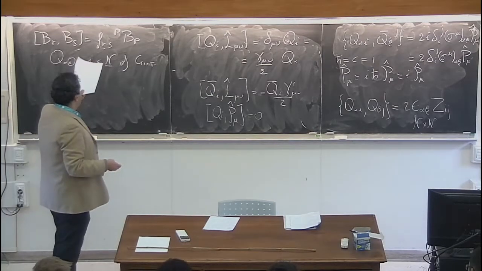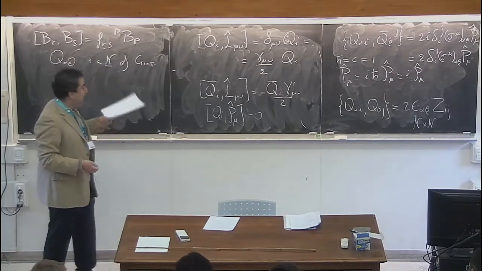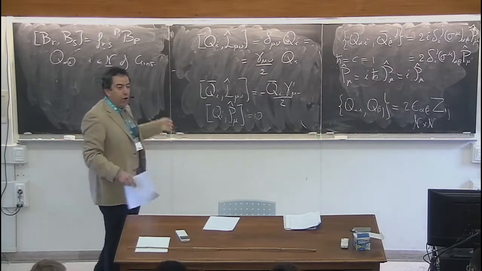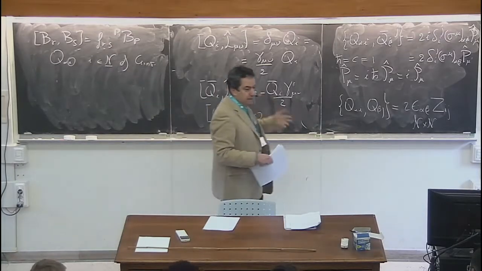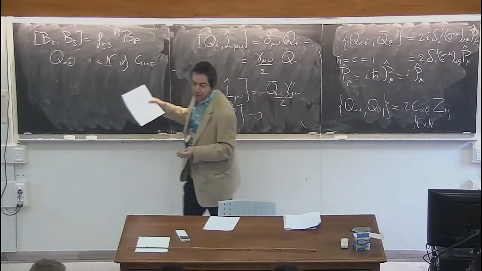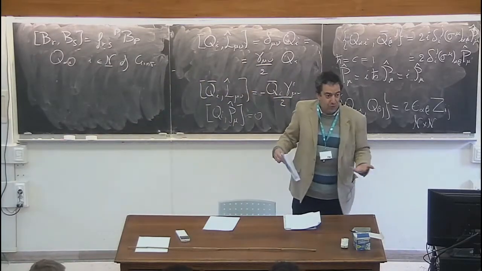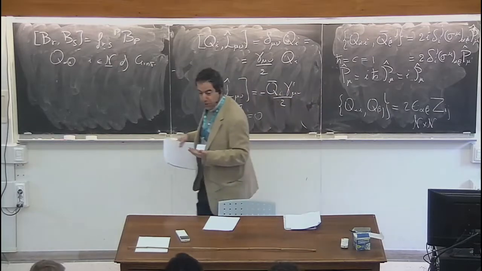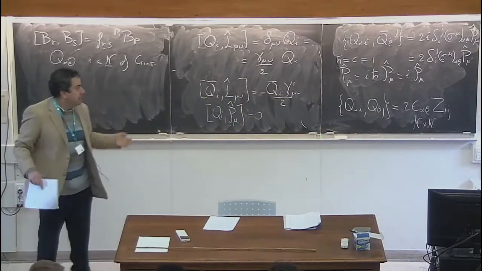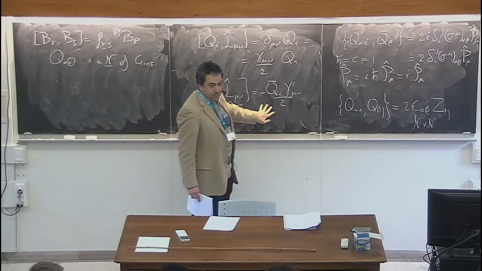But then the adjoint action of G internal on the whole algebra should be an inner automorphism, because it's generated by part of the group, and therefore should leave all these quantities, the structure constants, invariant.